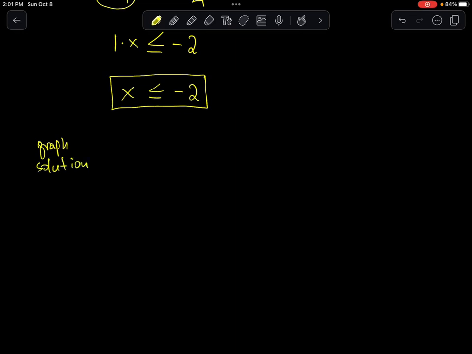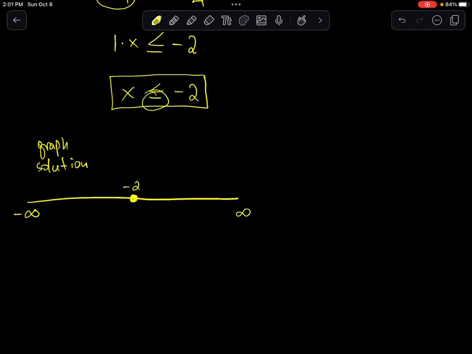To write the graph solution, what you need is the number line or real line. It's a line that you can put all real numbers starting from negative infinity all the way to infinity. The important number is negative 2. X can be equal to negative 2, so I put a solid dot to indicate that.